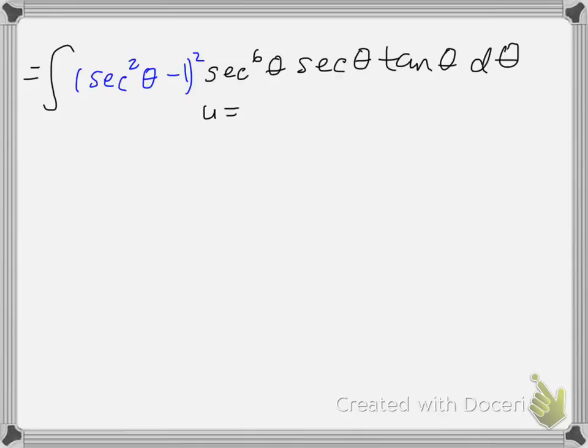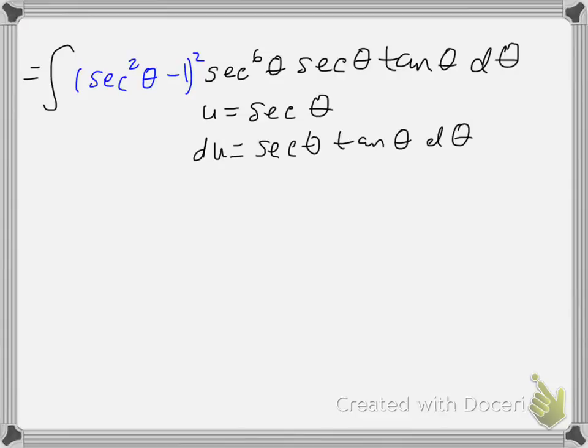Let's say u is equal to secant of theta. Then du, we have to remember that a derivative of secant is the product of secant tangent. So we get the secant of theta tan of theta d theta. So I can rewrite my integral to be the integral of u squared minus 1 squared times u to the 6th du.